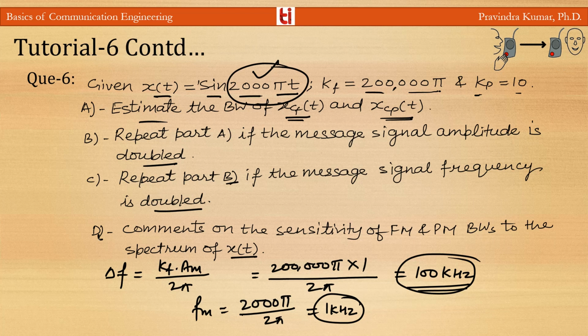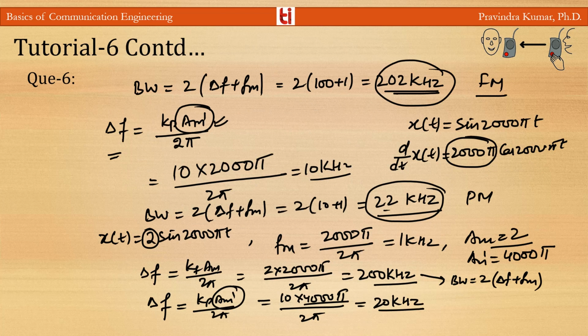So the next point is comments on the sensitivity of FM and PM bandwidths to the spectrum of xt. We have seen that doubling the amplitude of xt roughly doubles the bandwidth of both FM and PM. Here we can see the bandwidth for the FM case is 202 kilohertz.